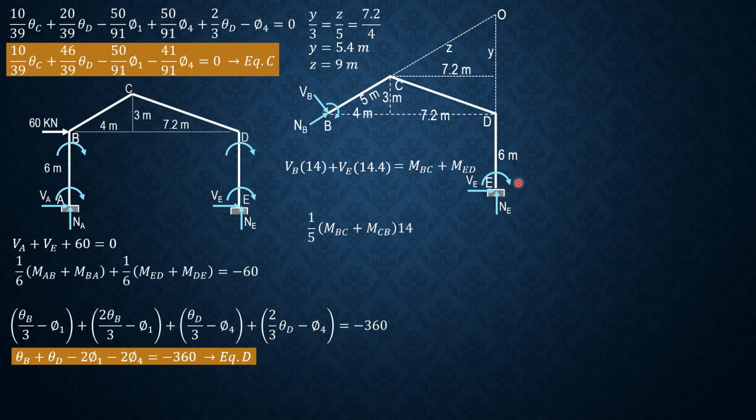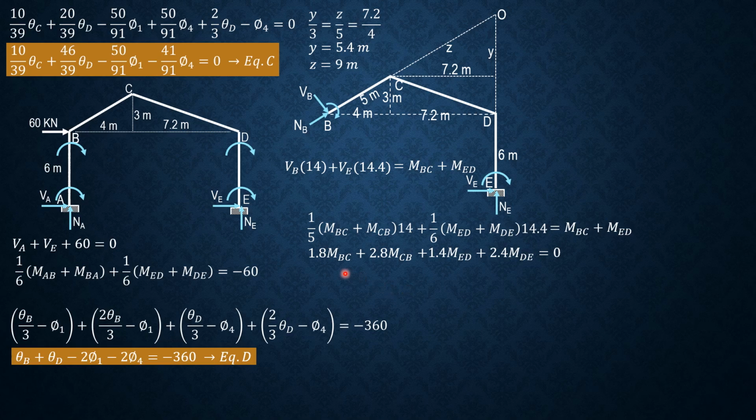So V sub E is 1/6 of quantity MED plus MDE, times 14.4 equals MBC plus MED. So combining like terms, simplifying: 1.8 MBC plus 2.8 MCB plus 1.4 MED plus 2.4 MDE equals 0.